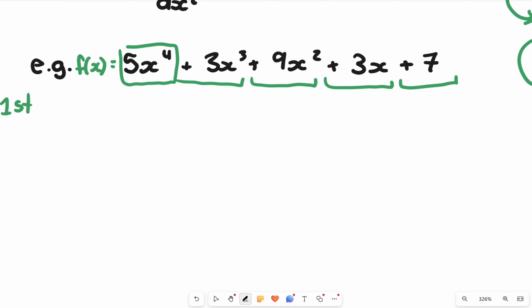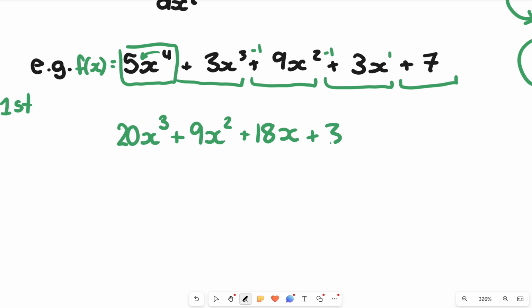Okay, so starting with this first one, we're going to multiply the exponent with the coefficient, bringing the 4 down on top of the 5, and we have 20x, subtract 1 from the 4 to the power of 3, plus 3 times 3 is positive 9x, subtract 1 from the exponent, we have 2, 9 times 2 is 18, x, 2 minus 1 is 1, so just to the power of 1, 3 times 1 is 3, subtract 1 is 0, so the x cancels out, and the exponent always cancels out there.